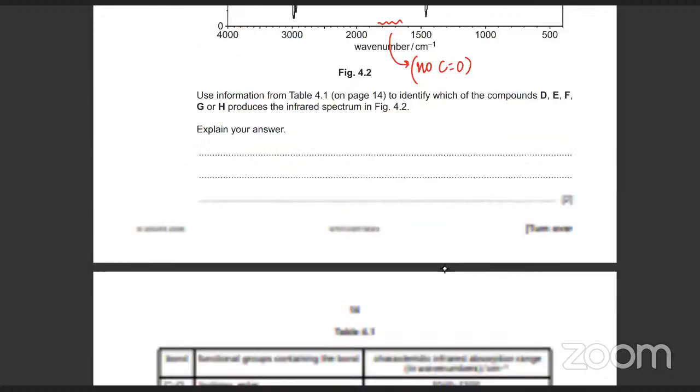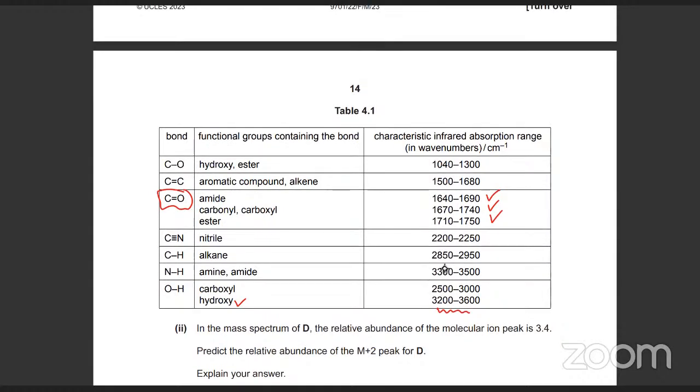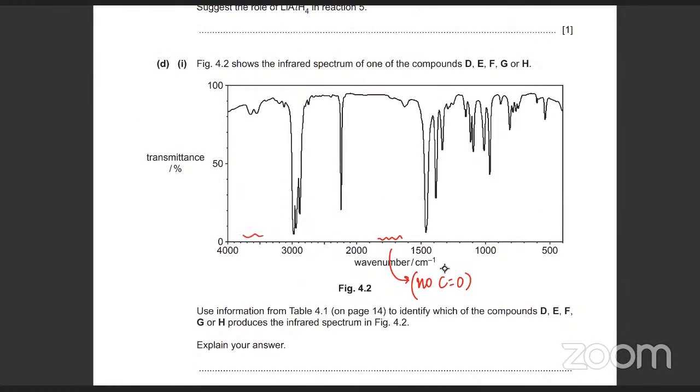Do we have an alcohol? The alcohol hydroxy absorption happens around the 3200 to 3600 mark. And you have another OH, the carboxylic acid OH, which is around 2500. But let's go with the normal alcohol. There's no absorption at 3200, so it's not an alcohol.